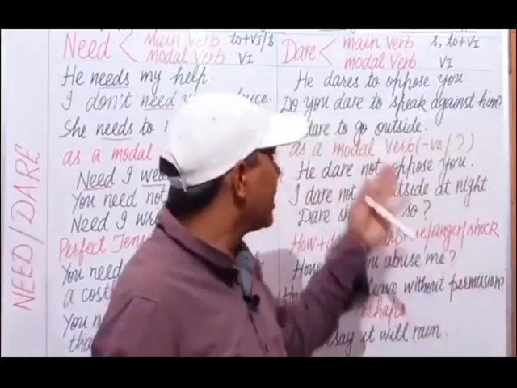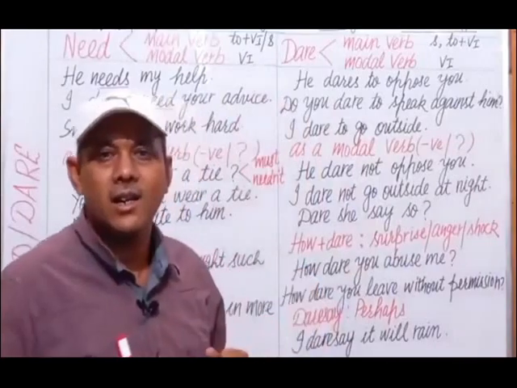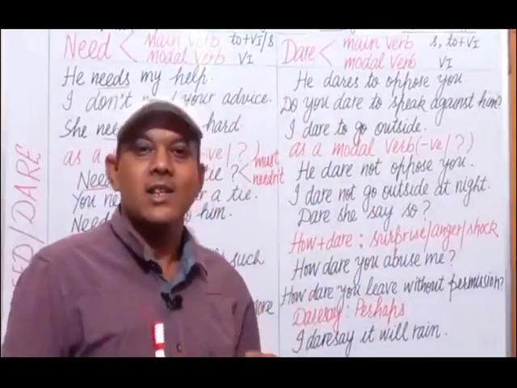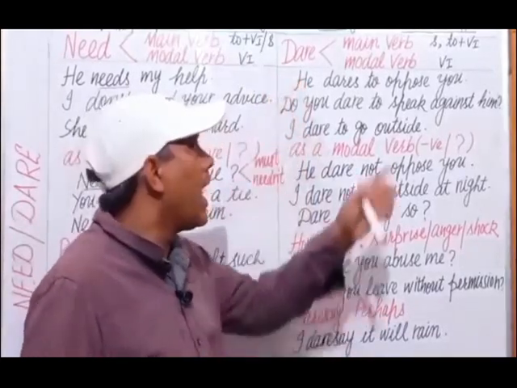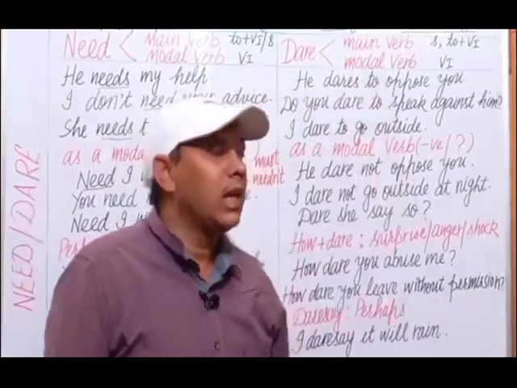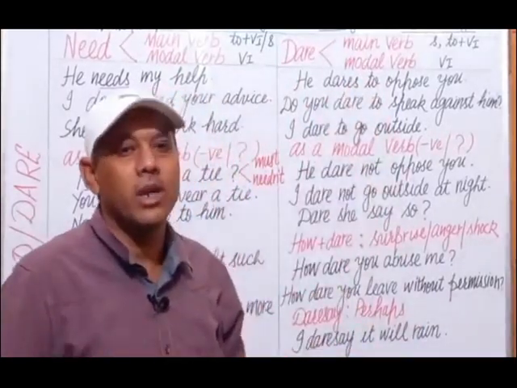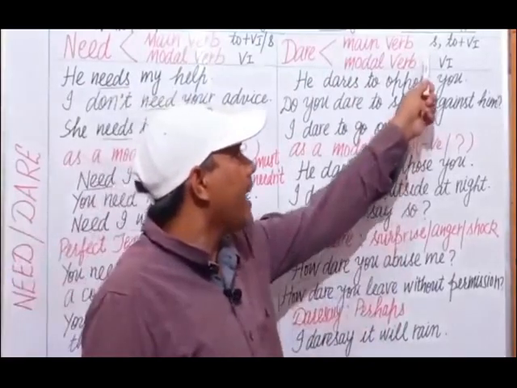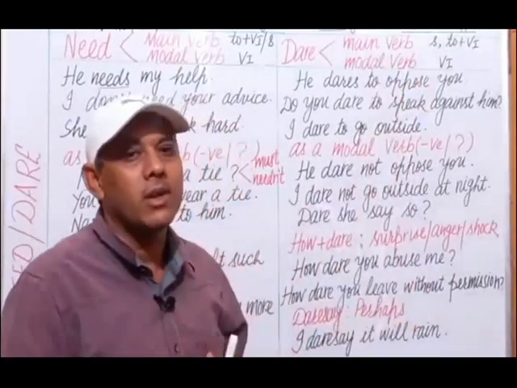Now let us take the example of dare. Dare means हिम्मत करना, दुस्साहस करना, साहस करना. Dare is also used as a main verb and as a modal verb. Let us take some examples where it is used as a main verb. If it takes s after it, means dares, then it is a main verb.